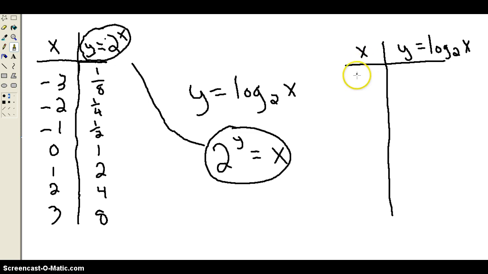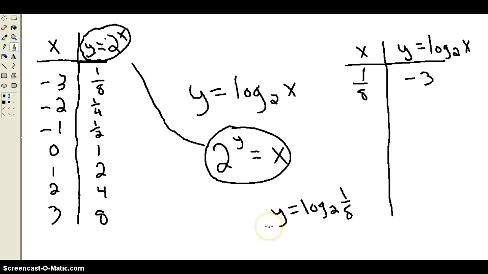Which means if you look at our first ordered pair, -3, 1/8, in our log we're just going to switch those around. So when the x coordinate is 1/8, the y coordinate must be -3. As a matter of fact, if you want to see that, I'll just do it for this one. y is going to equal log base 2 of 1/8.